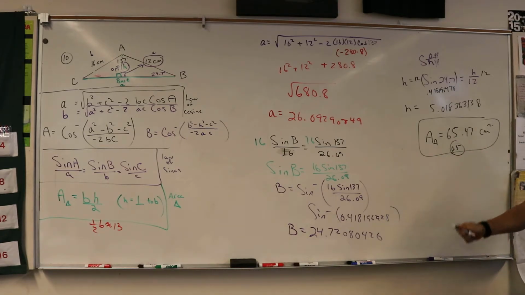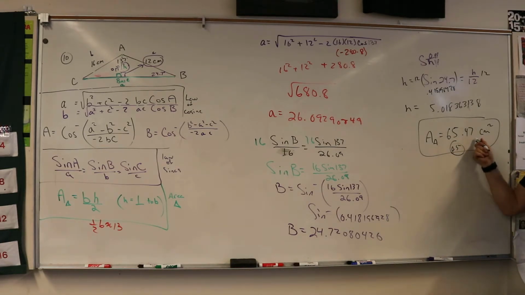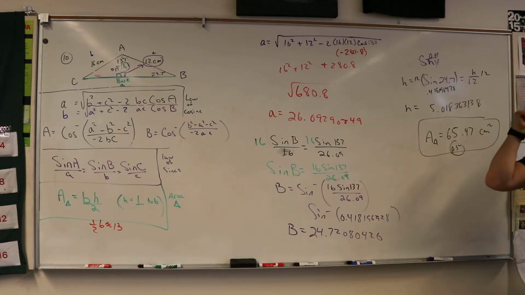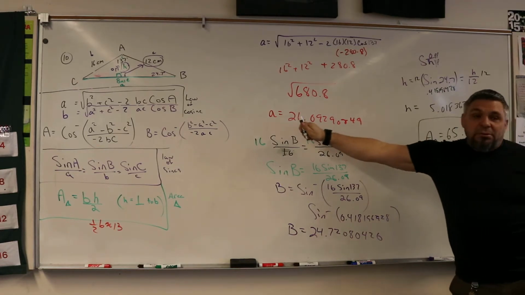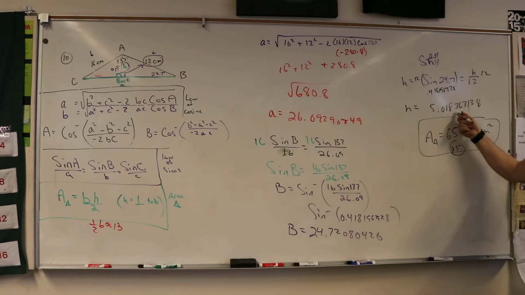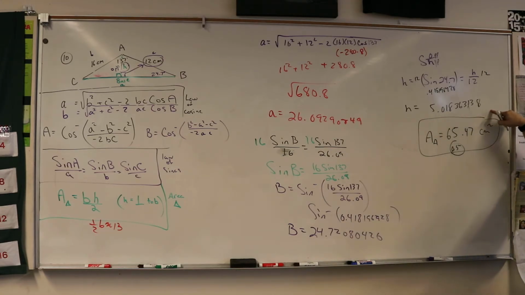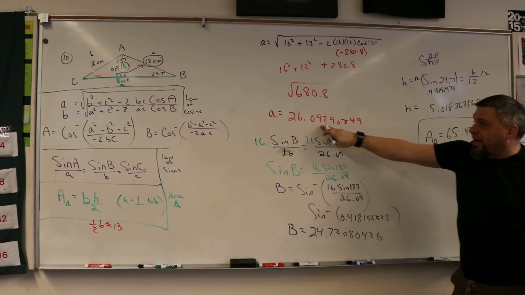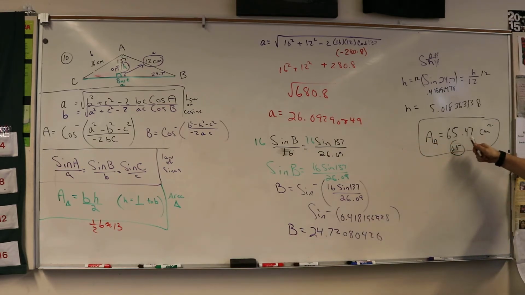So that's how much error there is when you don't round off. That's not a lot of round off, is it? I did not round off by much. A half of a centimeter squared is a lot. That's why you don't round off at the end, if it's possible. Does that make sense? Okay?